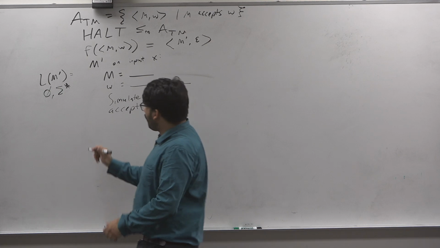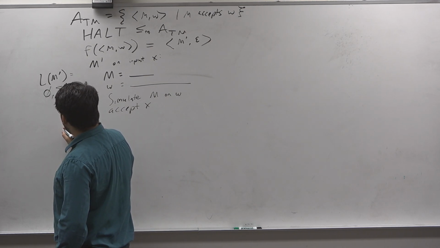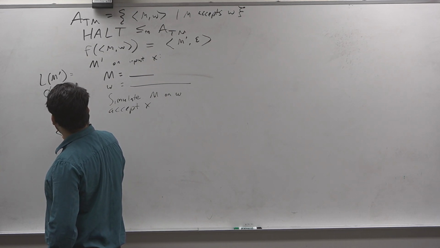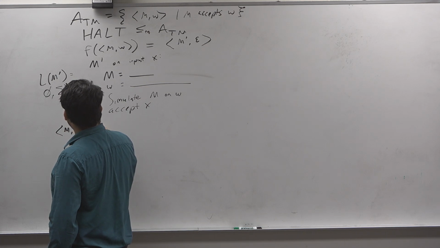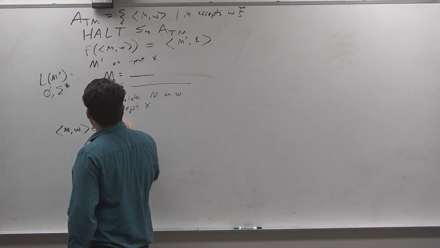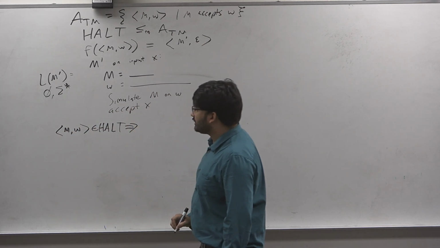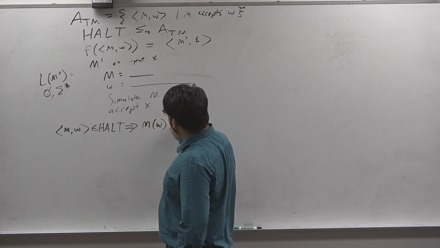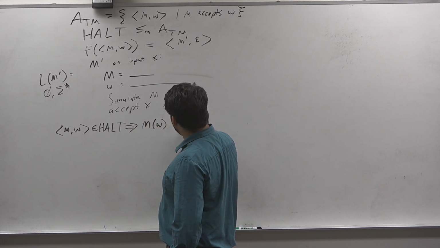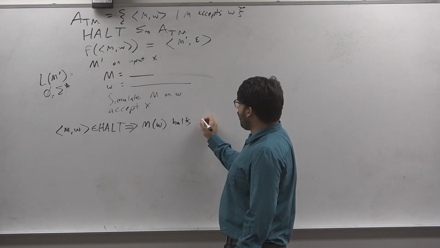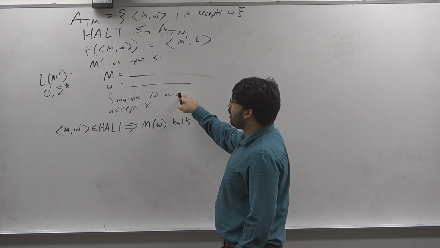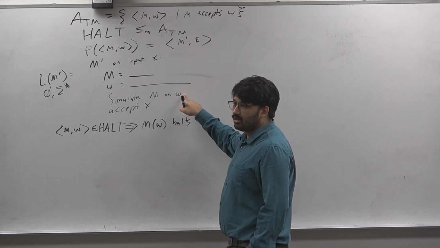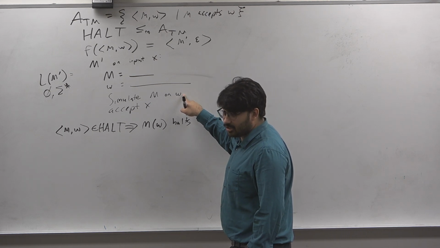Okay, so let's do the proof. Let M comma W be in halt. If M comma W is in halt as a string, we know that M on W halts. So we know that this line of code on M prime continues, right?